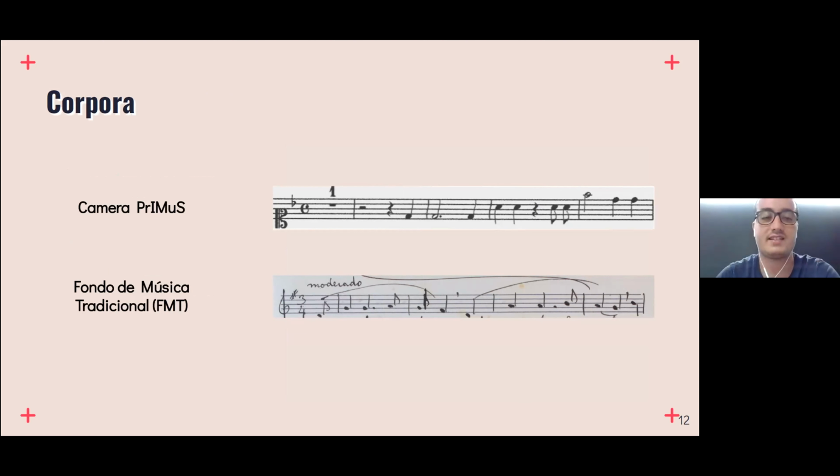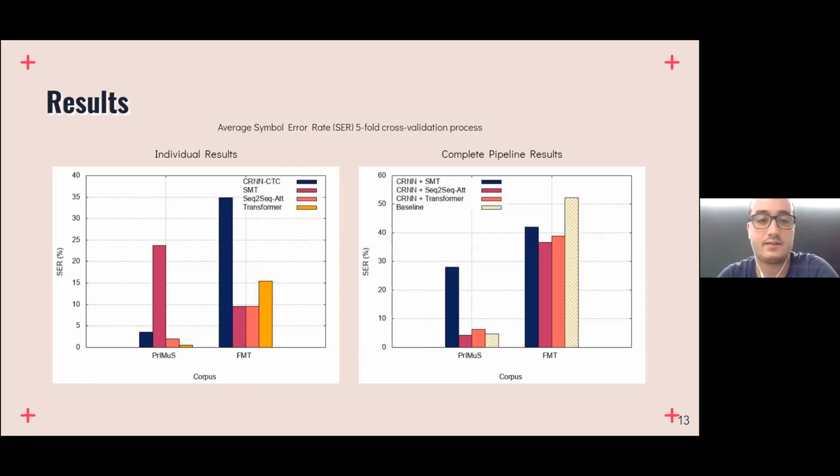And as a test case, we use a more real case in optical music recognition, a handwritten music corpus, the Fondo de Música Tradicional, which has already been presented in this conference. It is a corpus with less data, but we can use it as a more realistic case to know if our models are performing well at their task.